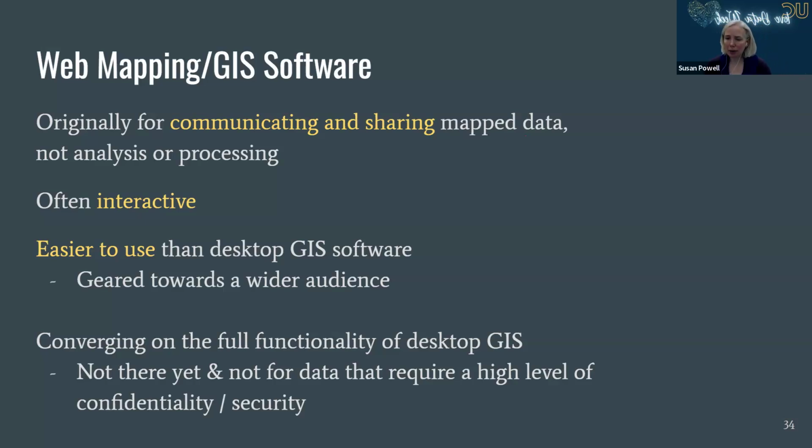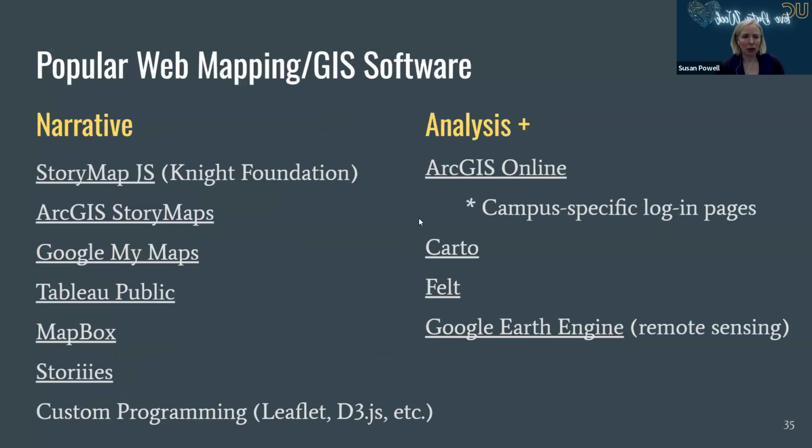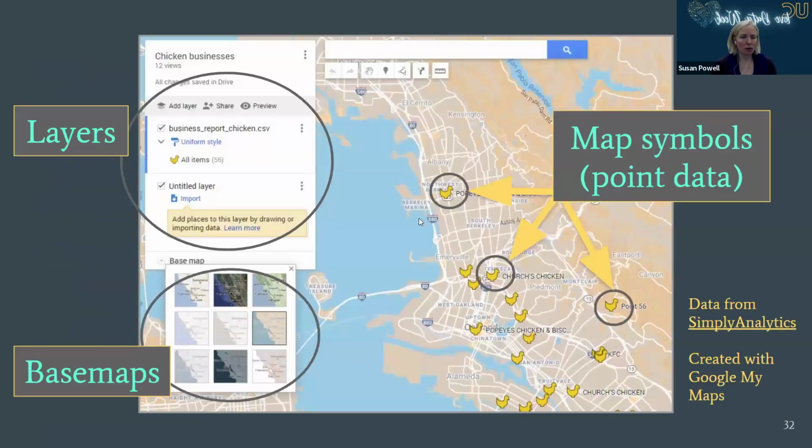And there's a question in chat about clarifying what is considered to be the map document as opposed to a layer. So let me go back just one slide here. The map document is often stored as a separate file on your computer or within a web GIS.